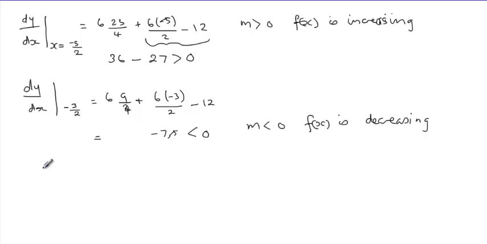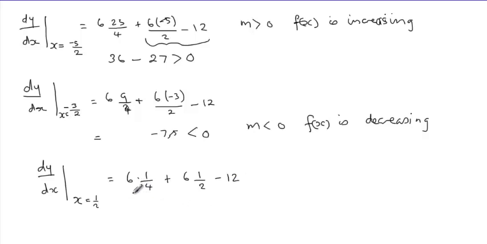Before 1, we can take half. dy/dx evaluated at x equals half. That's before 1. This was x, sorry, x equals to that. Then what do we have there? We've got 6 multiplied by 1/4 plus 6 multiplied by 1 half minus 12.